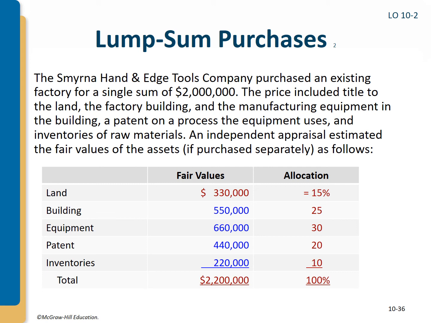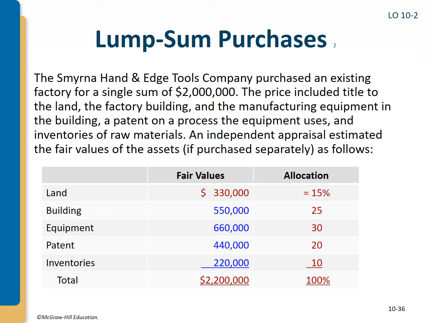So what we do is we find out, well, what percentage of the total fair value is each asset? So the land, you would take $330,000 divided by the $2,200,000. So 15% of the value is in the land. The building, you would take 550,000 divided by 2,200,000. 25% of the cost is in the building.